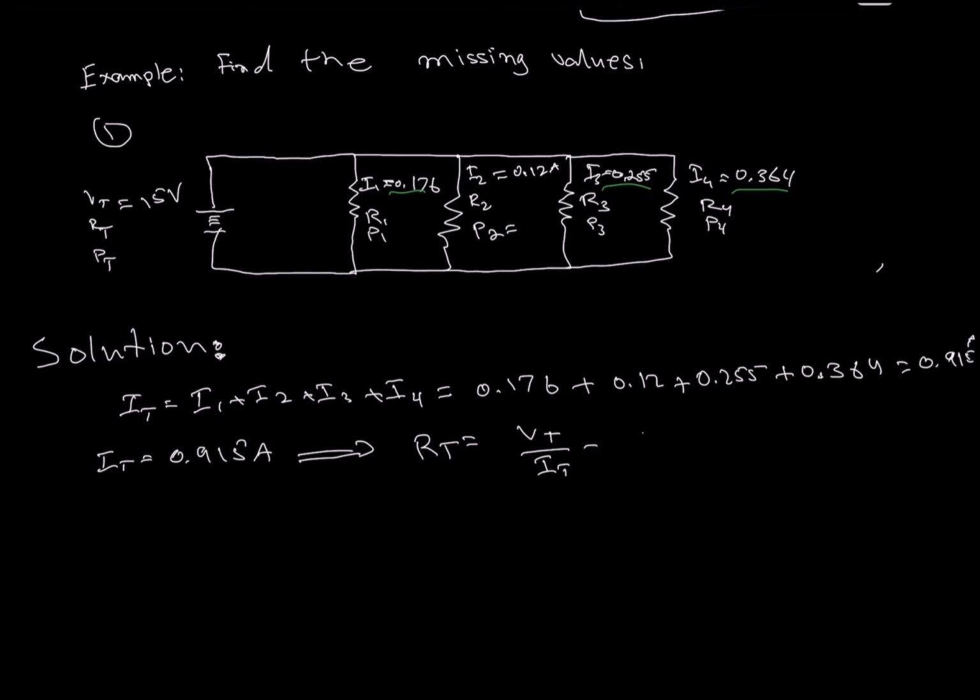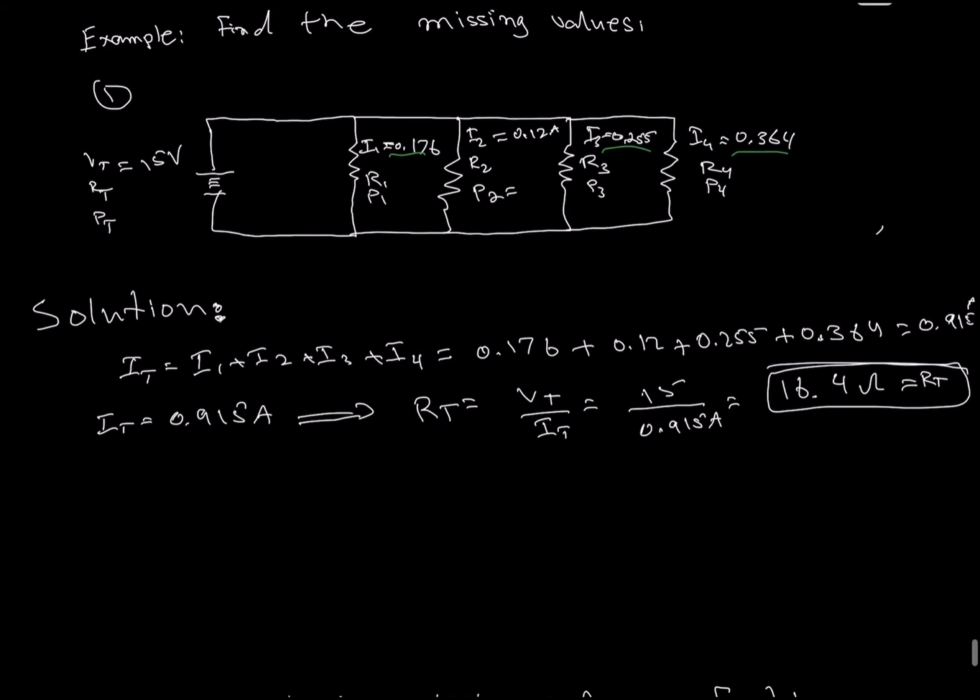Total voltage is given, 15 divided by 0.915 amp. So 15 divided by 0.915 will give me 16.39, which rounded up is 16.4 ohm, equal to RT.